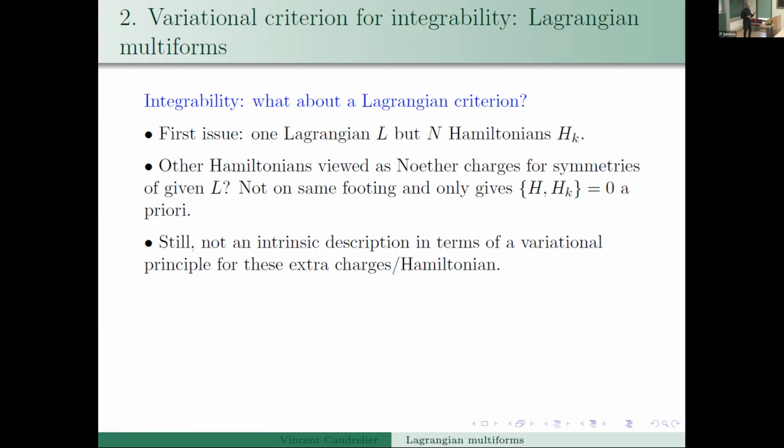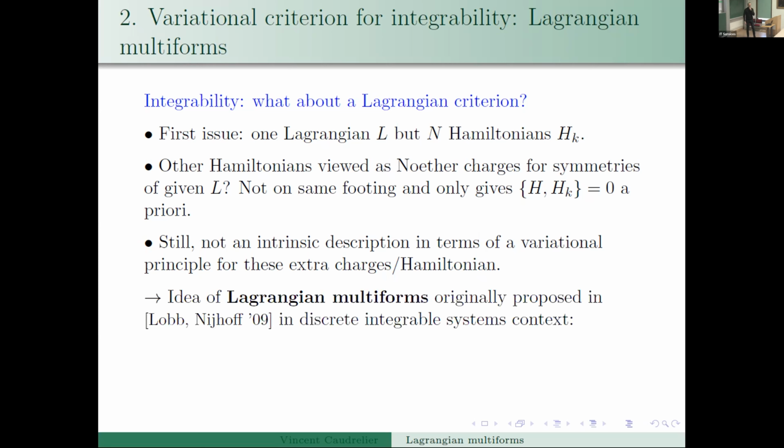You can say, but it's fine, because if I have my Lagrangian, I know symmetries, I can construct the Noether charges, and those Noether charges play the role of those Hamiltonians. But then the picture is a bit wobbly, because you have one Lagrangian and n-1 Hamiltonians. And you still don't really have a criterion to encode integrability. So it's not satisfactory at all, this Noether charge point of view.